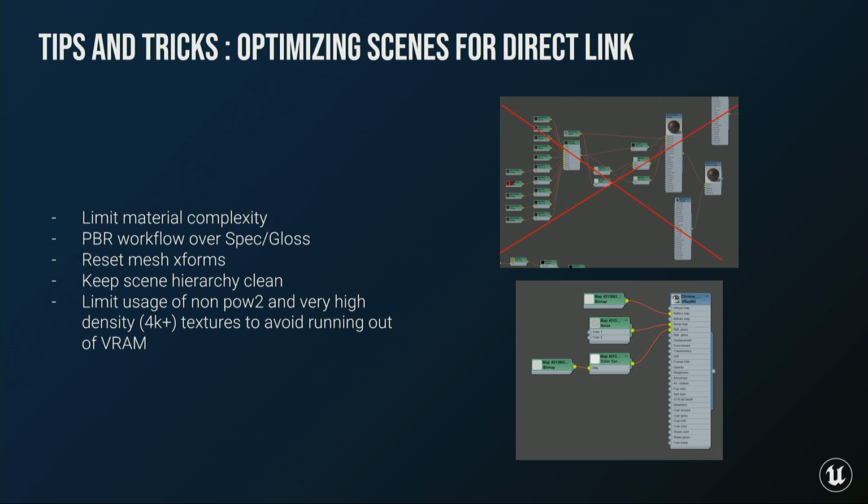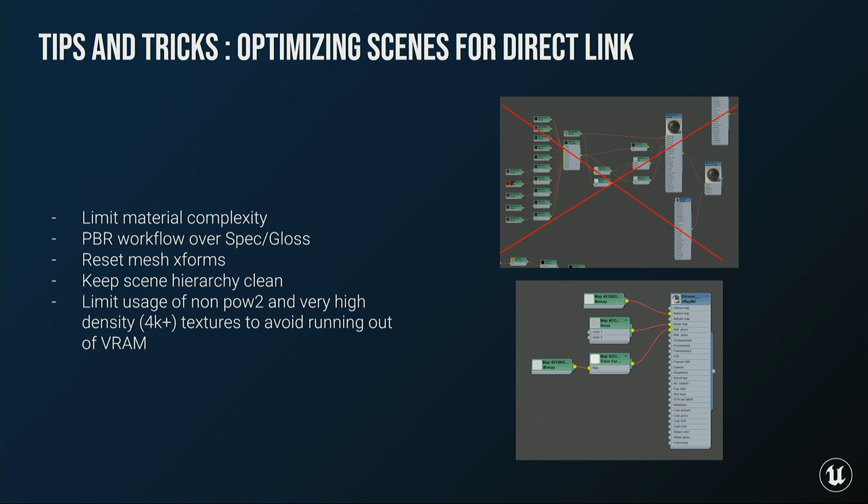Some other tips and tricks. Be careful with material complexity, in particular in Max. With V-Ray and Corona, I've seen some materials, like this top right one, which is a floorboard material. Our translator is good, but it can do some strange conversions, and the simpler the material is, the better.